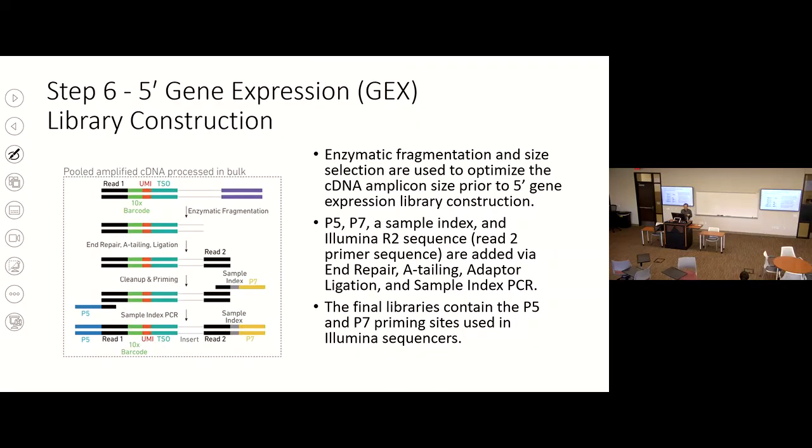So at the end, we will get two sets of data side by side. One is regular single cell RNA-seq data. In there, you can see, okay, I have 50% T cells, 20% B cells, and some other cells.